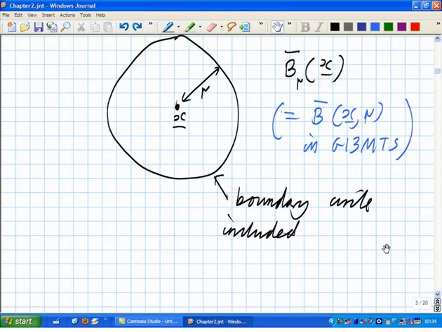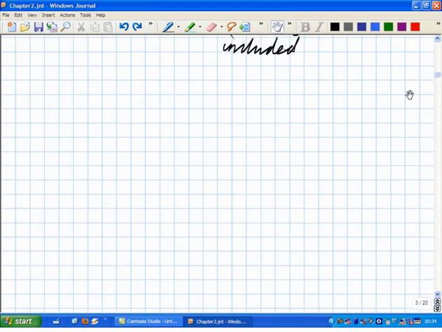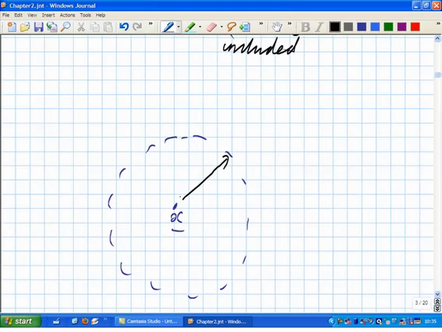And then if you want the open ball, you just have to miss out the boundary, so I'll do the same thing but with a dashed boundary. So this is the open ball, centered on x, radius r.